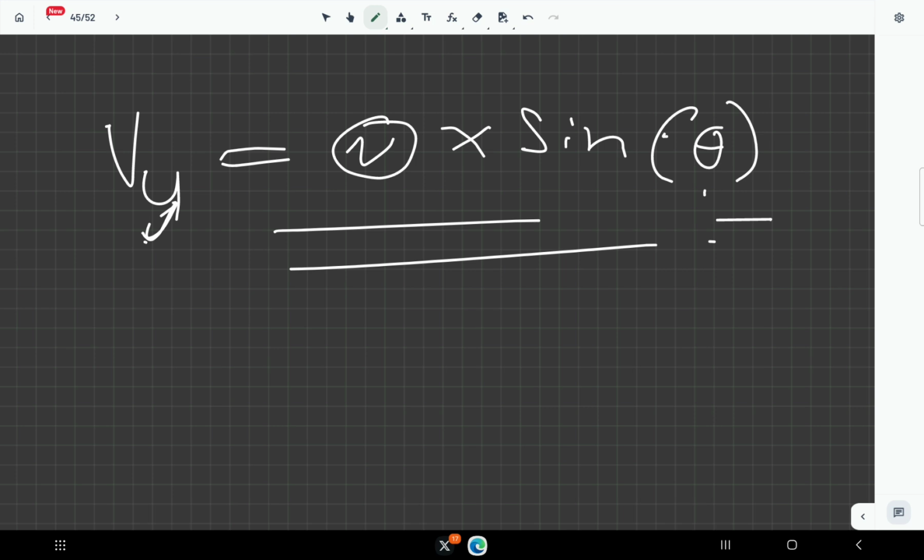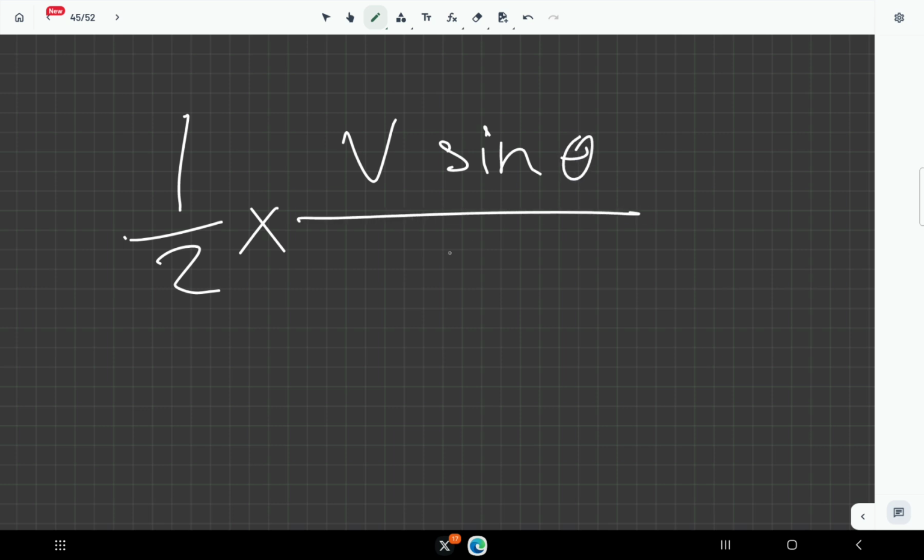So I'm not using half of the range because that's not pretty accurate. We'll just go with half of the total flight time. The time formula still stays the same in here, so that's v sine theta divided by g.